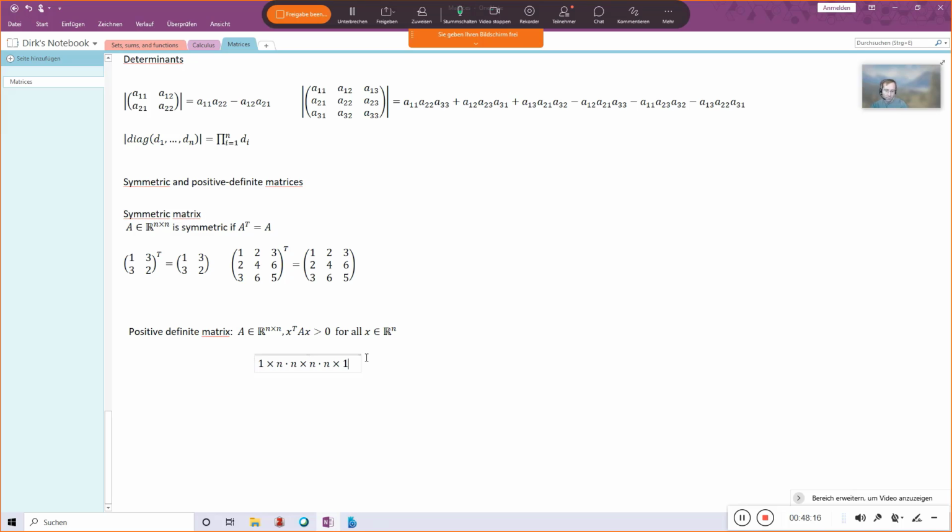If we look at the dimensions here, and do the first product first, we get rid of the inner dimensions, so we get to a 1 times n matrix. If we then do the second product, the inner dimensions go away again, and we get to a 1 times 1 matrix, which is just a scalar.